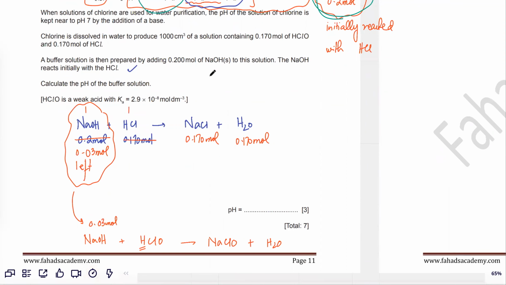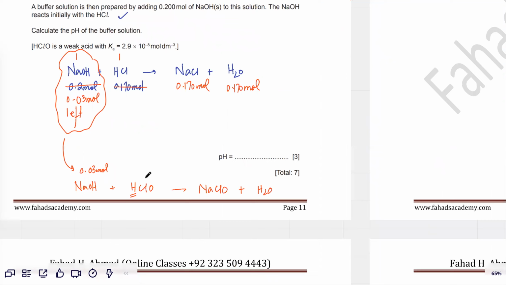Now you have this leftover 0.03 moles. HClO moles, he already said that there were 0.170 moles of HClO in the solution. Now which one is in excess? It's HClO that's in excess. It's 1:1, so 0.03 are going to react completely, and they're going to react with 0.03 exactly.